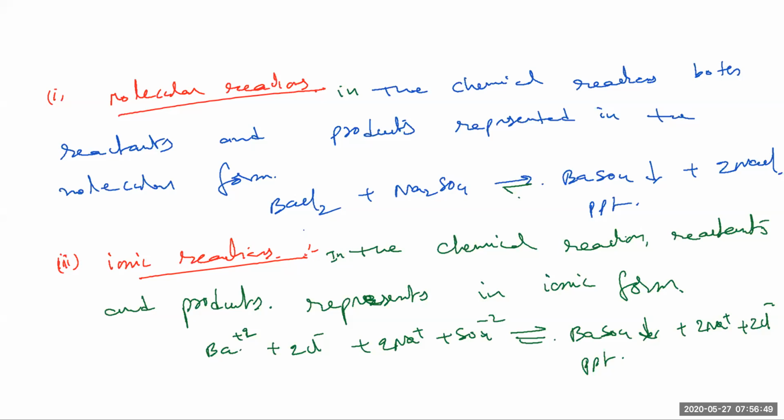Okay, completed now? Right. There are types of chemical reactions, like redox reactions or decomposition. One more chapter is there, the redox reaction chapter, in which all types of reactions are covered.